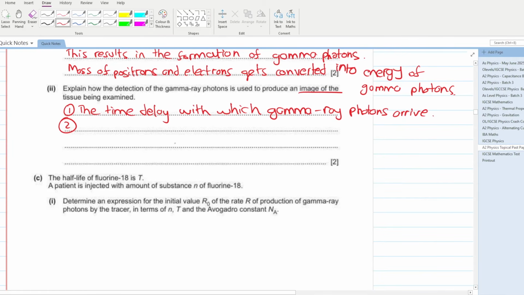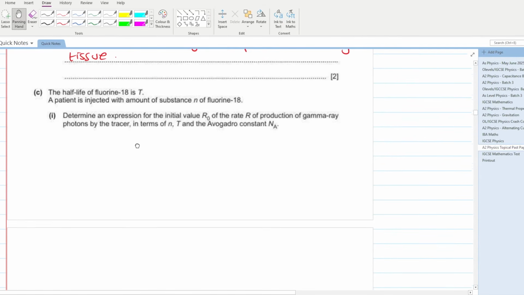First factor is the time delay with which gamma photons arrive, and the second factor is the amount of gamma photons arriving from a tissue. This enables us to form the image. Okay, let's move on to part C.